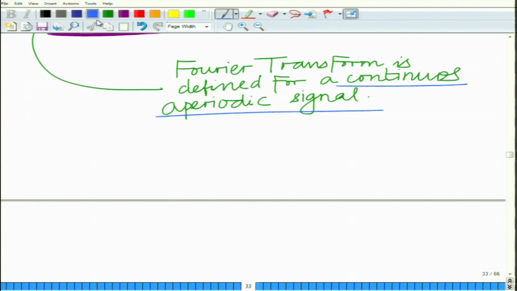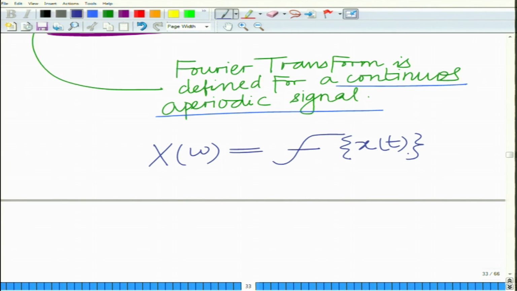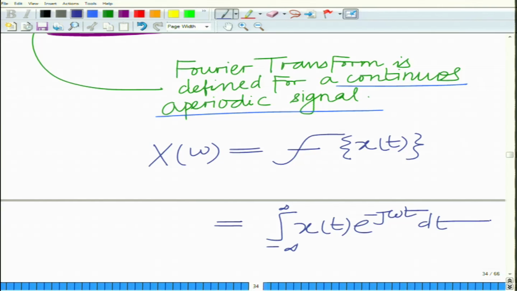Now, the definition of the Fourier transform is given as follows. I can define the Fourier transform as a function of the angular frequency: X of omega equals the Fourier transform of x of t, which is the integral from minus infinity to infinity of x of t e raised to minus j omega t dt.